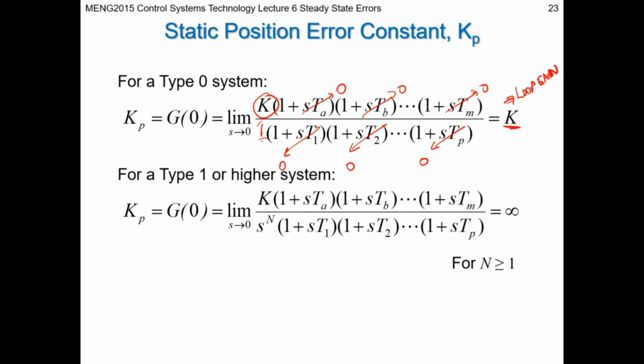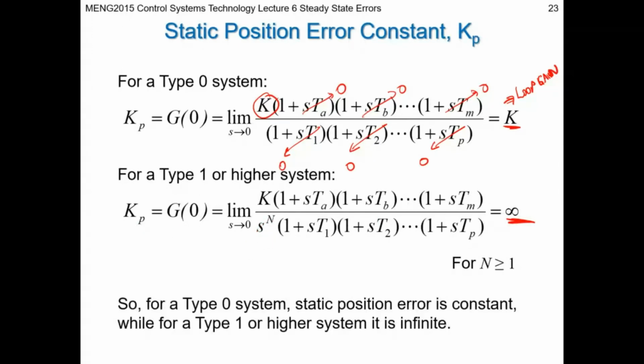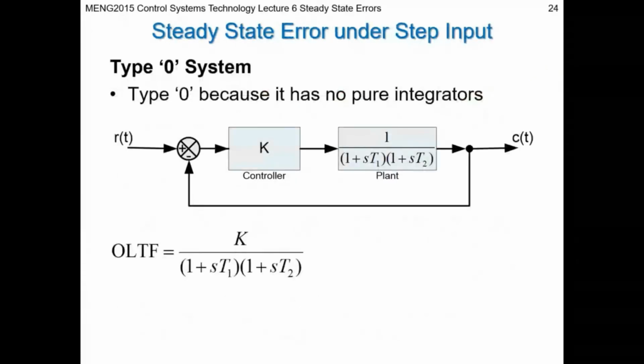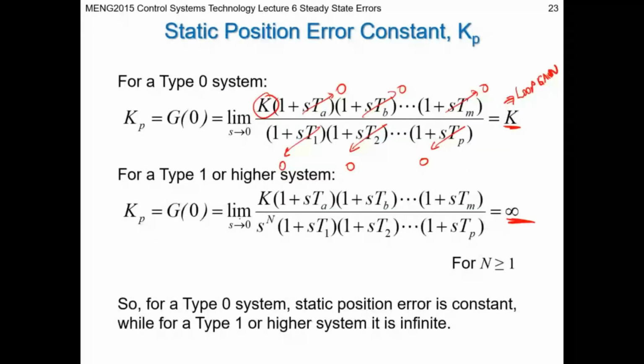Now, if instead of a type 0 system, we have a type 1 system or higher, so now we've got an s term, a pure integrator, then what's going to happen? Well, when you set s going to 0, this s is going to 0, with something over 0, and whenever you divide something by 0, you get infinity. So if you have a type 1, then your Kp is going to be infinite. If your Kp is infinite, then what's your steady state error going to be?